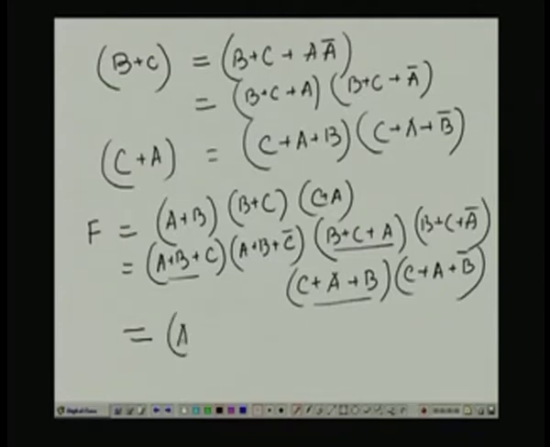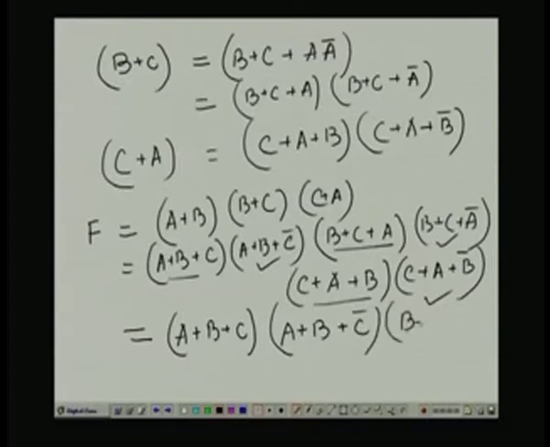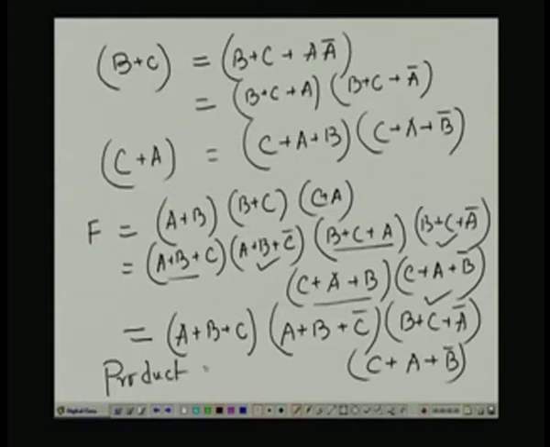I get A plus B plus C, and the remaining 3 terms will be there: (A + B + C'), (B + C + A'), and (C + A + B'). So, this is my product of sum forms, product of max terms.